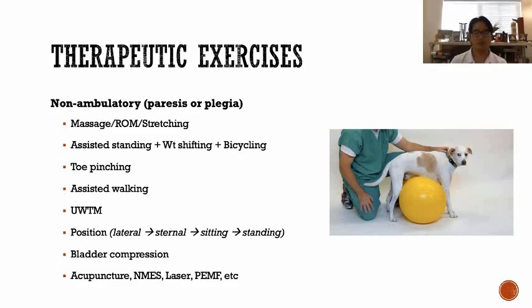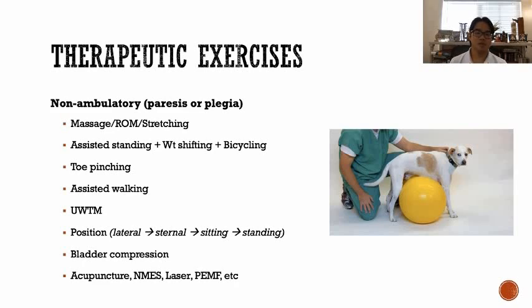Sometimes I play tug of war with them when I'm pinching, so that they keep pulling the limb. It's an exercise for inducing active contractions, right? Like I said, contraction is very important for preventing muscle atrophy. So this is actually a good exercise, because you're causing the dog to have voluntary contractions.